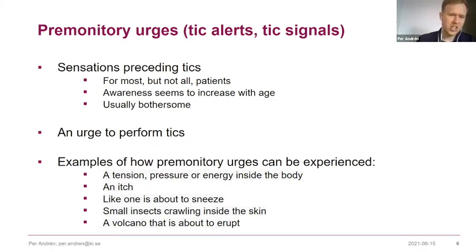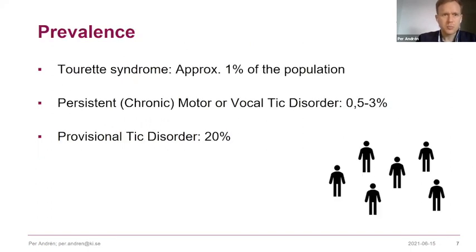It feels like an itch, or like someone is about to sneeze, or like small insects crawling inside the skin, or like a volcano that's about to erupt. So obviously it's an inner sensation that might not be very easy to put into words, and various patients might have various descriptions of it. But if you look at the whole slide here, you get a feeling of what this phenomenon might be about. A negative feeling that's preceding the tics.